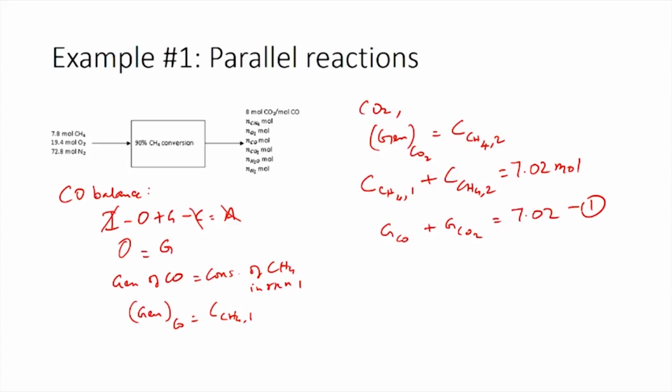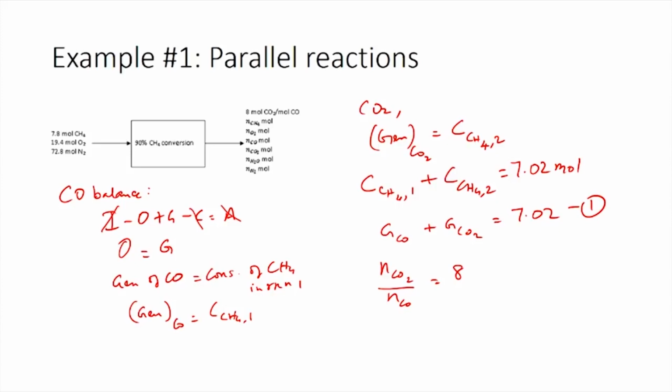Another piece of information given to us is the ratio of carbon dioxide and carbon monoxide in the output streams, which is NCO2 divided by NCO is equal to 8. So, we already know from the balance equations that the number of carbon dioxide moles leaving the system would be equal to the amount of carbon dioxide generated, and similarly the number of carbon monoxide moles leaving would be equal to the number of carbon monoxide moles generated.